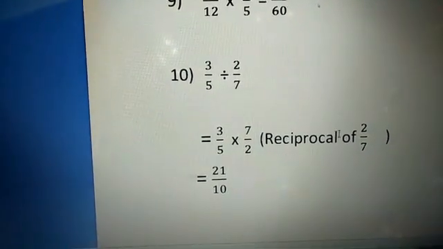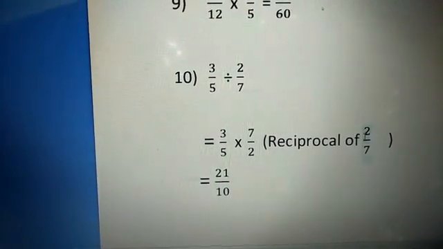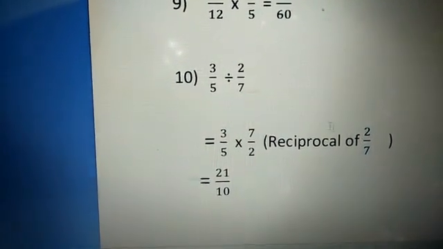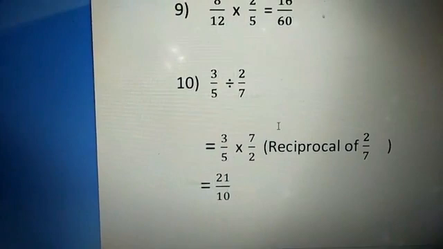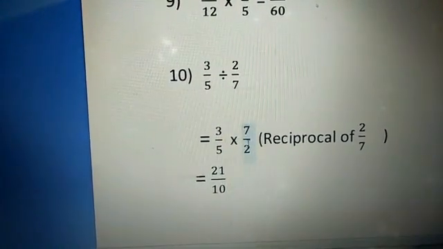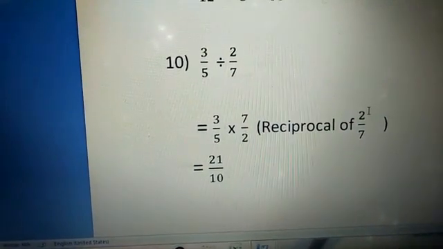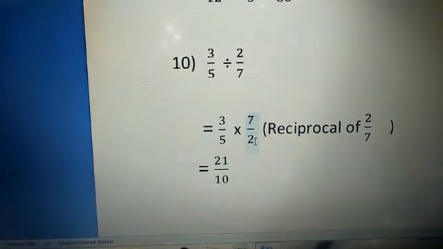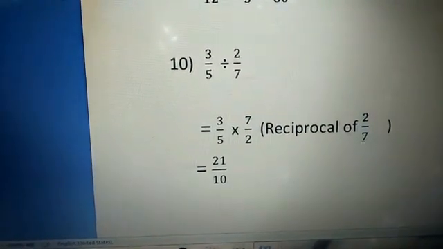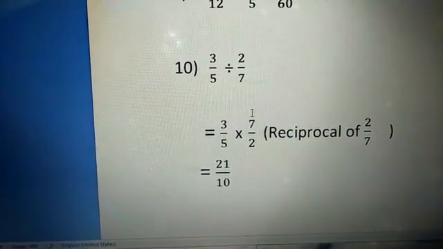What is our second fraction? 2 divided by 7. So for 2 divided by 7, our reciprocal is 7 divided by 2. That means we change the numerator into the denominator and the denominator into the numerator. Then we get our reciprocal.